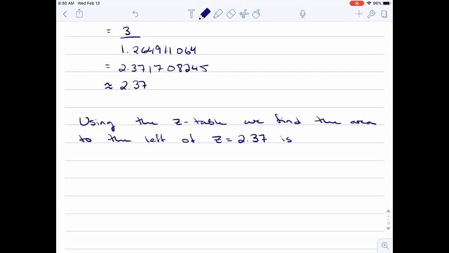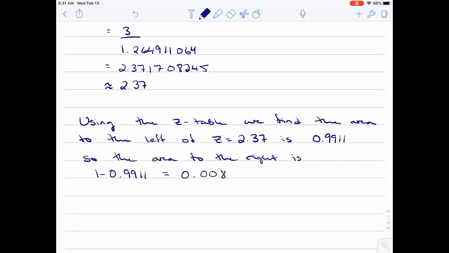So 2.37, I get 0.9911. Is that right? So the area to the right is 1 minus 0.9911, which is 0.0089.